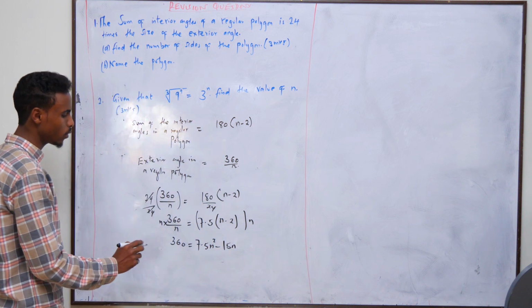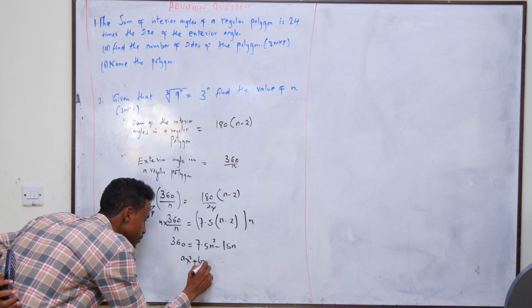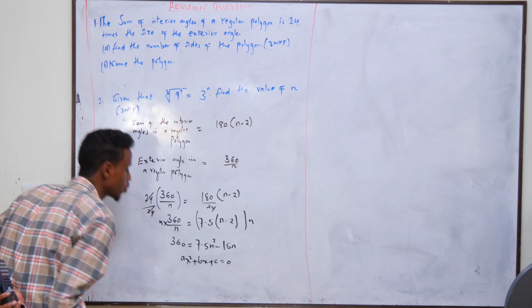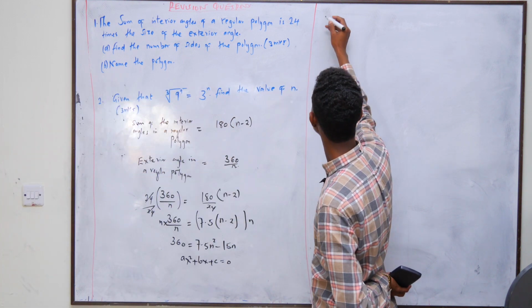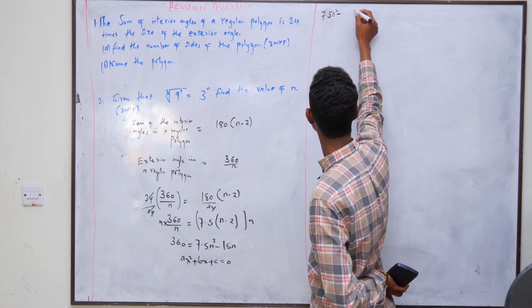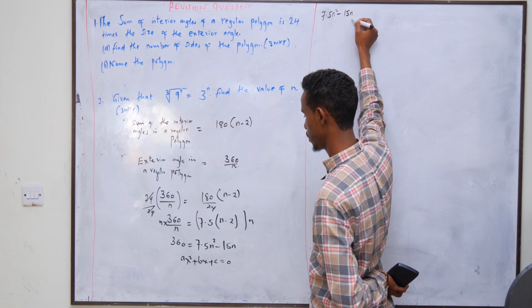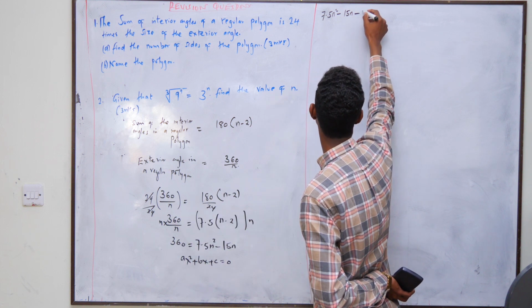Very good. Now let's change this equation into the form ax squared plus bx plus c equals 0. Now it becomes 7.5 n squared minus 15n minus 360 equals 0, because this is positive, when it crosses it becomes negative.